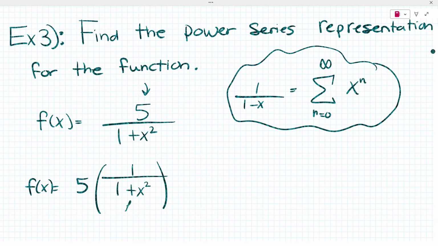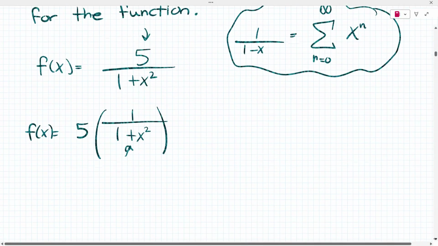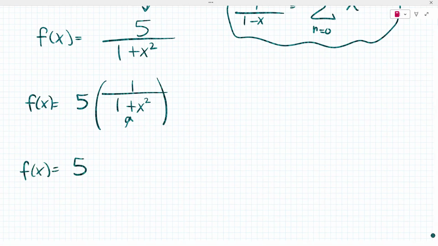And then let's make this positive into a negative. So it's going to be 1 minus negative x squared.